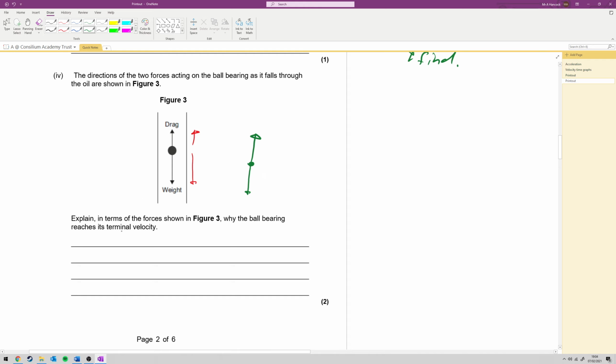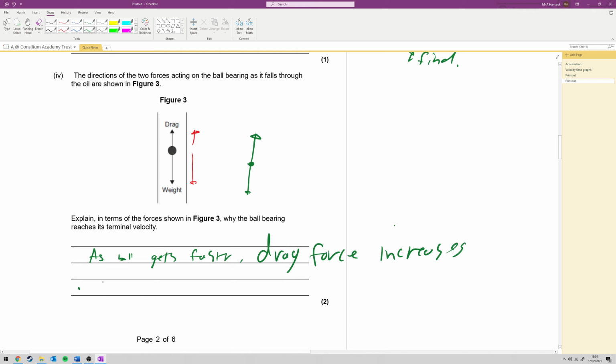So what happens? Well, as the ball gets faster, the drag force increases. And eventually it will reach equilibrium.